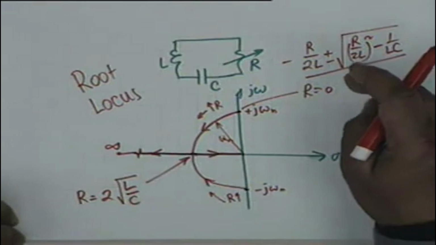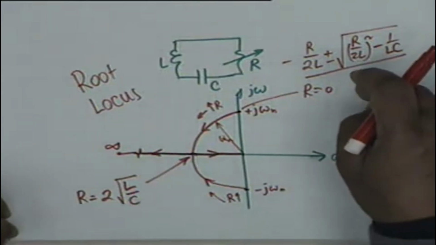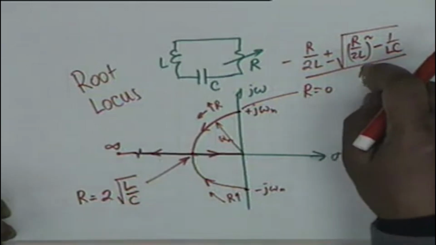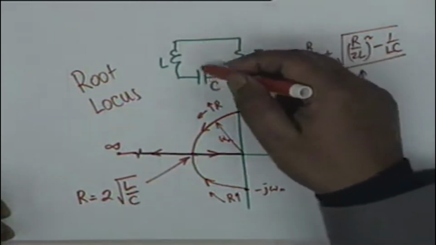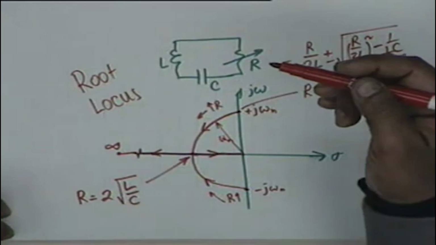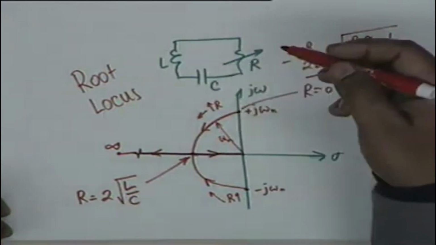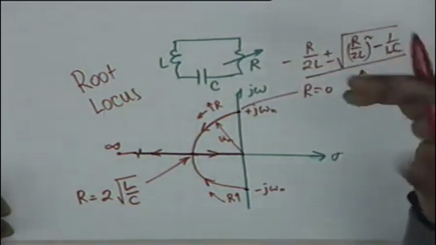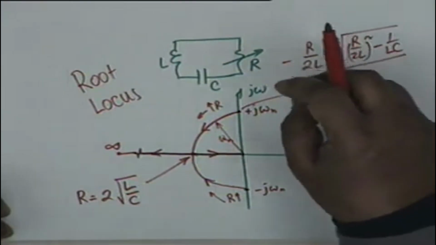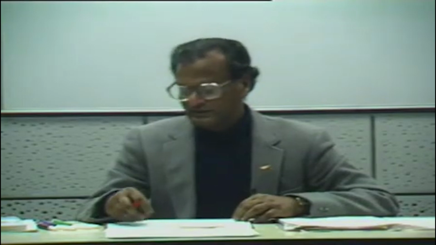Once again, you can obtain a critical damping condition, an under damped condition, and an over damped condition. You can also draw a root locus for variation of capital C. Capital C can also vary, and this would be a third kind of sketch. Now is this point clear? The concept of root locus, the concept of over damping, under damping, and critical damping.